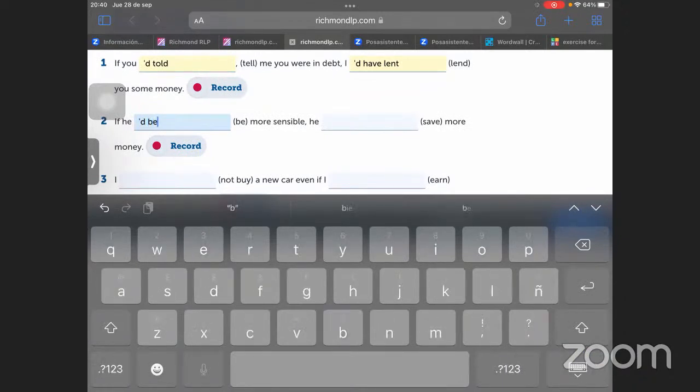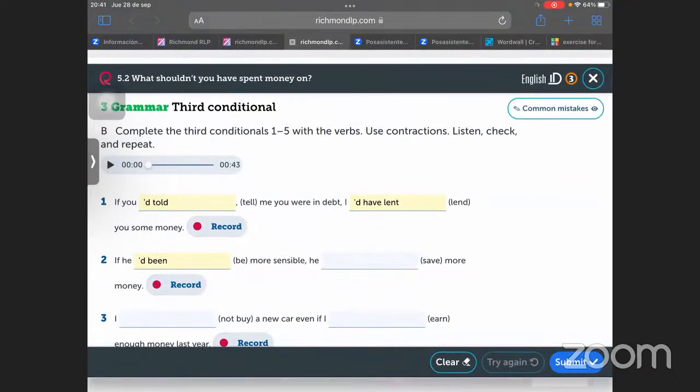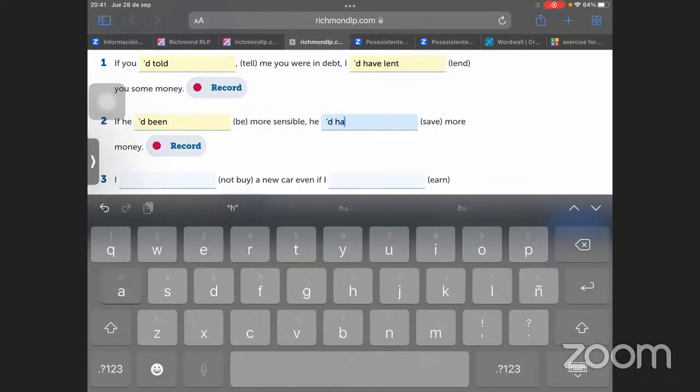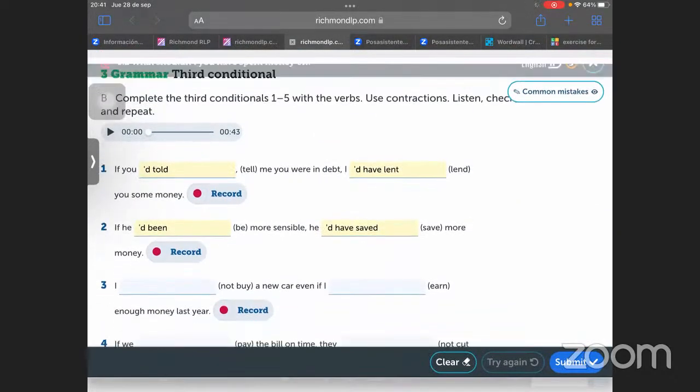If he'd been, if he had been, so if he'd been more sensible, he'd have saved more money. Good. The contraction is great.